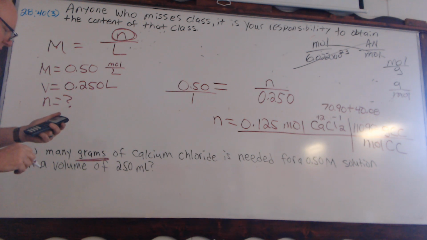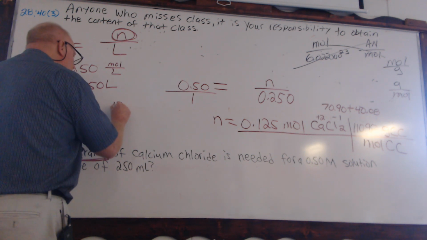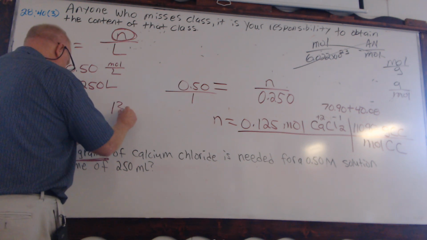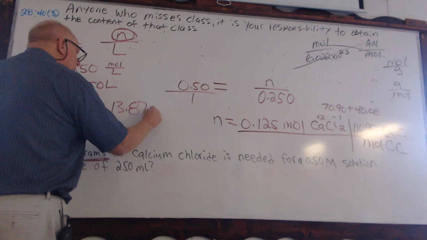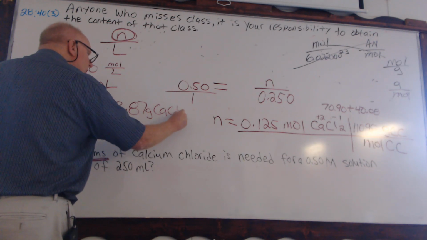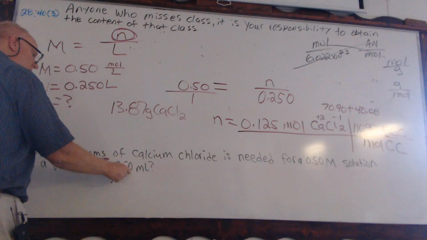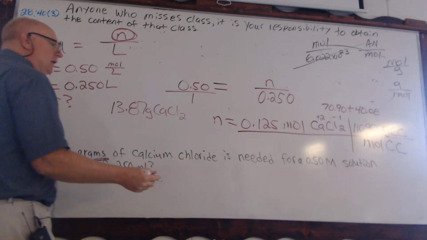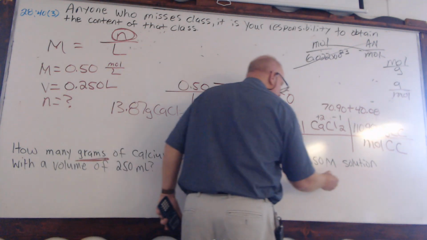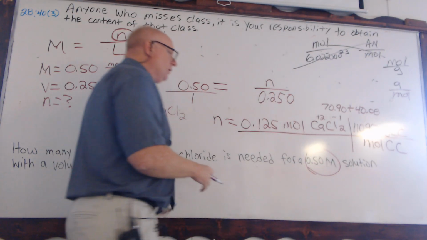That means we need 13.87 grams of calcium chloride dissolved in 250 milliliters would give us our 0.50 molar solution.